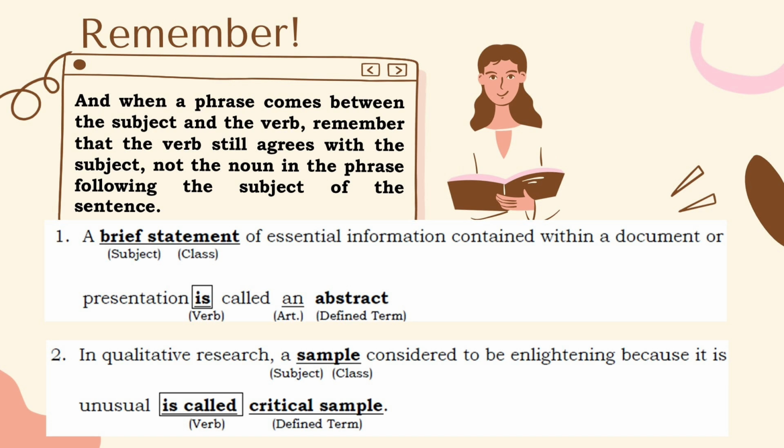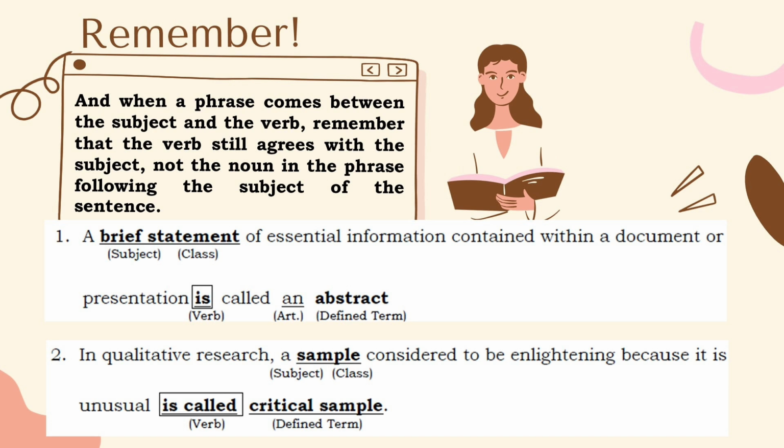So as you can see, the verb still agrees with the subject and not with the noun or the phrase following the subject. Same also goes with the number 1 example.